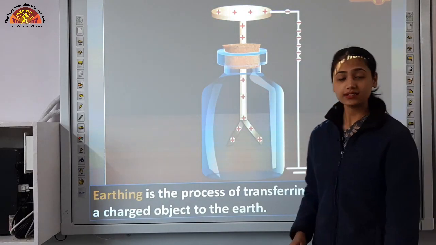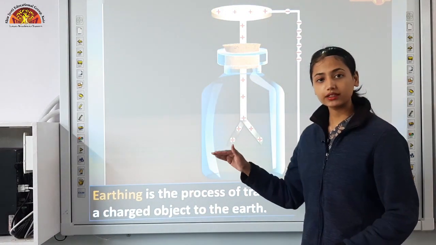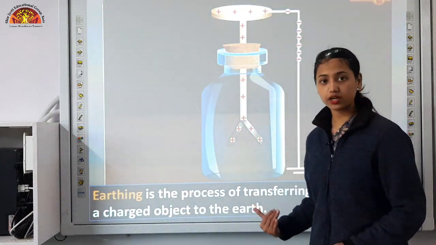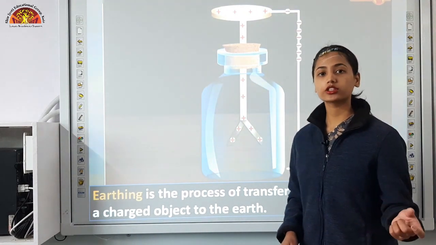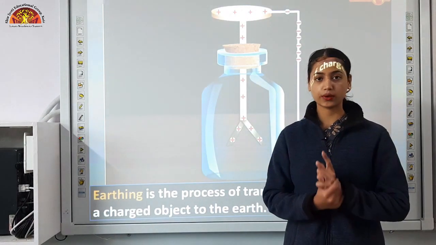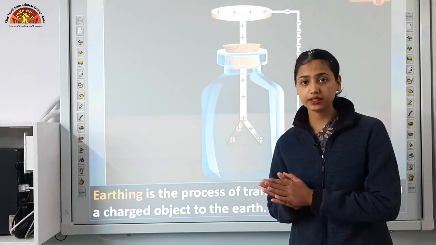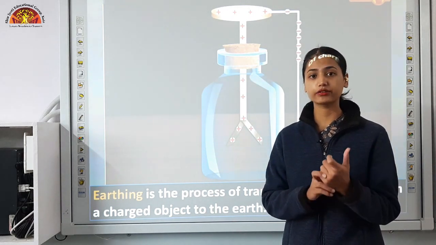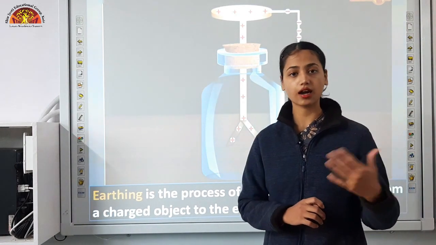In all cases we cannot stand and touch a metallic object to transfer those charges to the earth. So in that case we use a wire. If you have heard of an earthing wire, in a socket there are three wires. One is connected to the positive terminal, another is connected to the negative terminal, and there is one thick wire which is the earthing wire, because electric current flows in our house circuit.